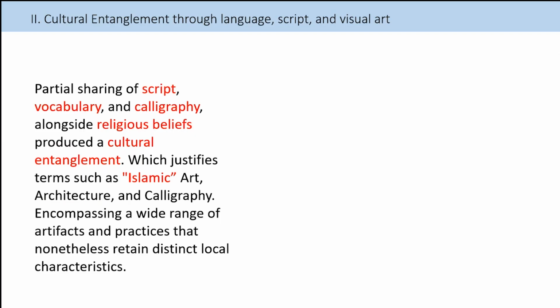A partial sharing of script, vocabulary, calligraphy, and religious beliefs produces cultural entanglement, which justifies what we call, in the Islamic case, Islamic art, Islamic architecture, Islamic calligraphy, although those parts are not similar. In Islamic art or architecture, there is a wide variety of locality and local characteristics, which makes it not a unique thing.